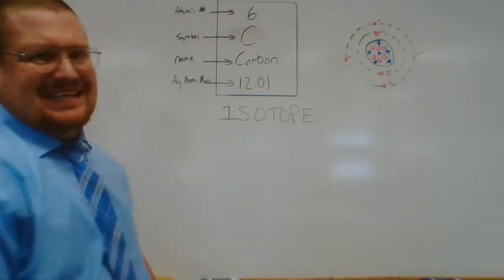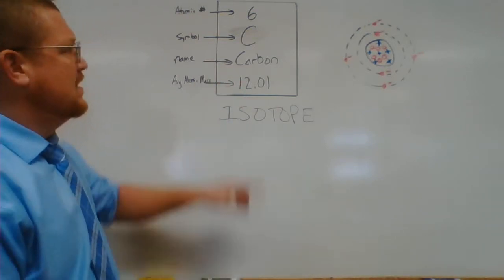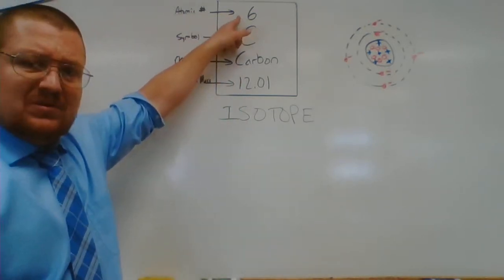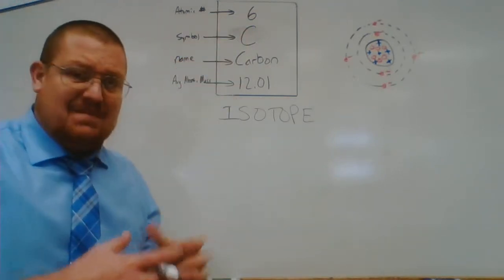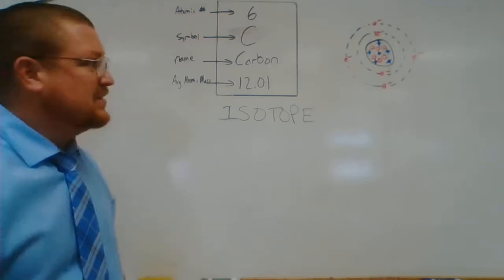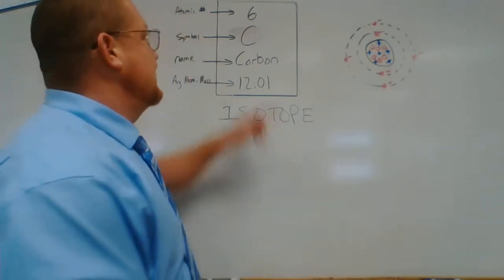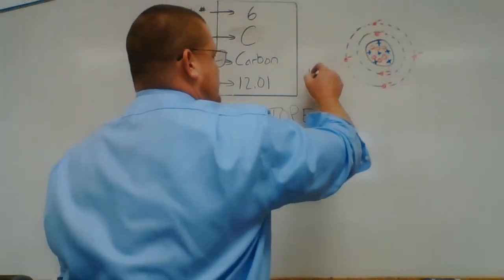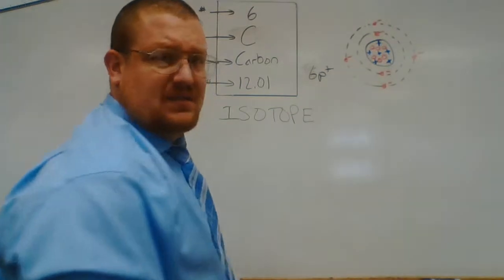So as we looked at last time, this is what we see on the periodic table for carbon. We know the atomic number tells us the amount of protons. We know that this tells us the mass, which is the combined amount of things in the nucleus, which is protons and neutrons. So there are 6 protons.